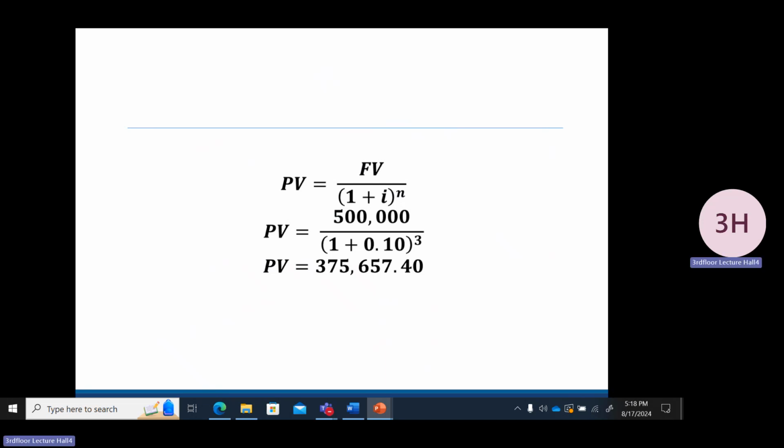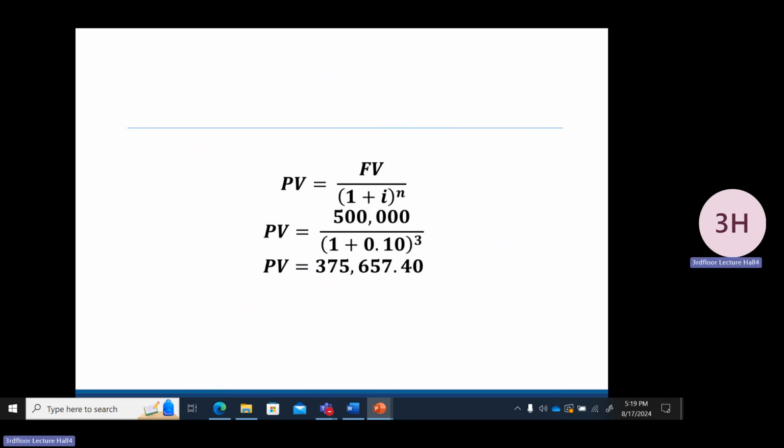What is the minimum you are expecting for this investment? At least you should get 375,657.